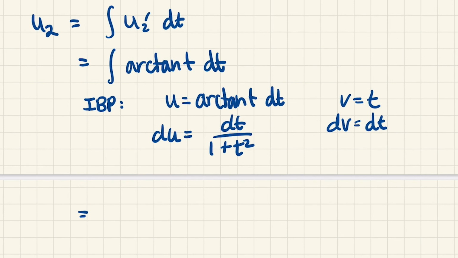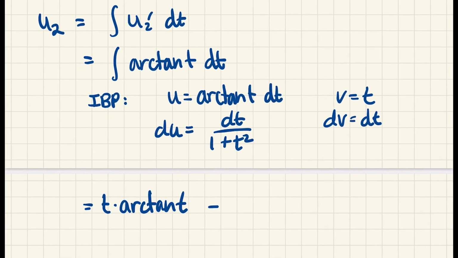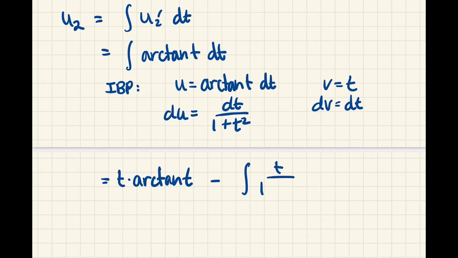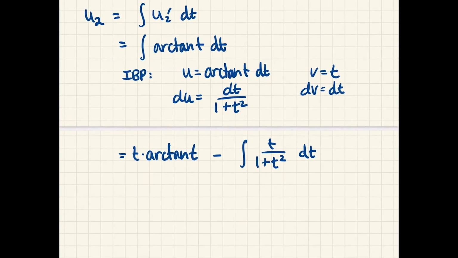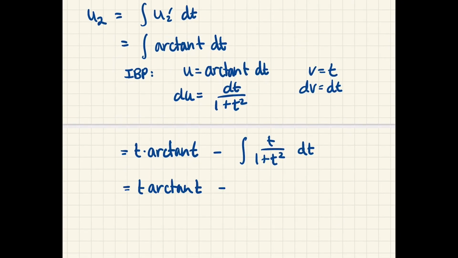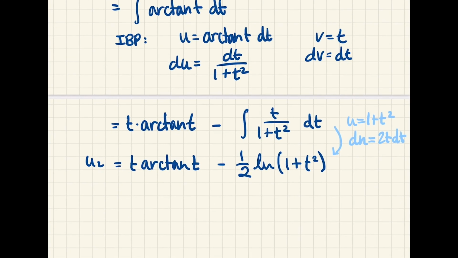So uv, that would be t times arctan of t, minus v du, so that's t over 1 plus t squared dt. And integrating this thing, you can let u be 1 plus t squared, so your du is going to be 2t dt, which means this is going to be 1/2 of du over u. So that's just going to give this form when we're done. All right, so we've got our u2.